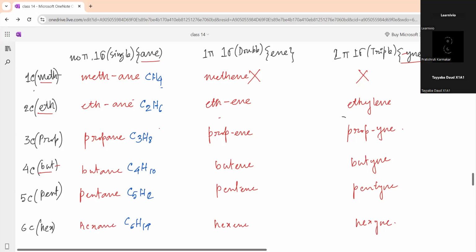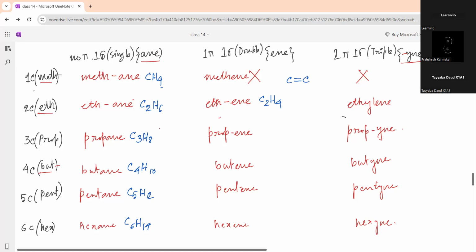Now can you tell me what will be the formula for ethene? C2H4. How did you say C2H4? Because I applied the formula. Tell me how you will write this. Over here it's C2H6, so 6 minus 2 is 4. Like there will be a double bond between the carbons.